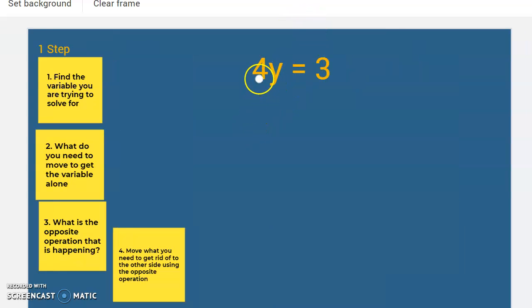In this example, 4 and y are stuck together, and what we need to remember is that when a number is stuck to a variable like this, we have multiplication happening between them. So to undo multiplication, the opposite of that is going to be division. So on both sides, I'm going to divide by 4, by my number that's attached to y.